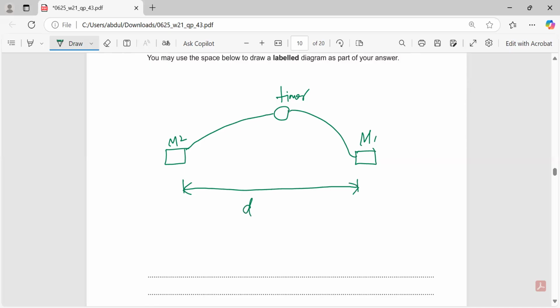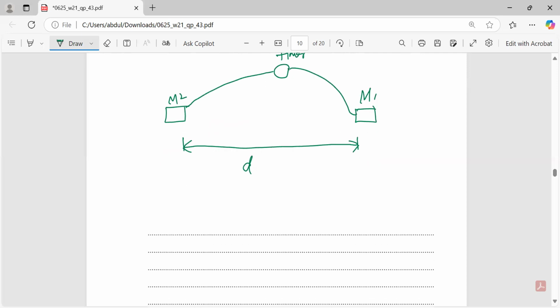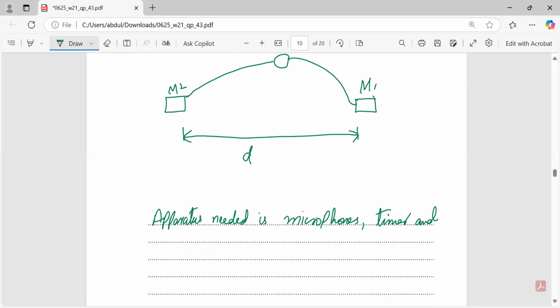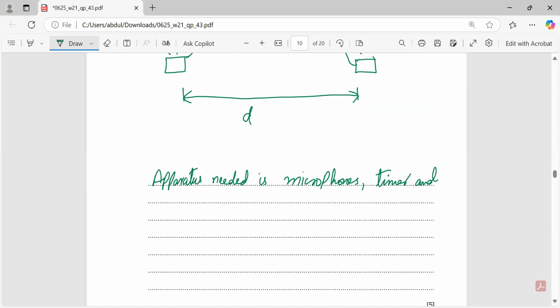Now, first of all, apparatus needed is microphones, timer like stopwatch, and measuring tape.